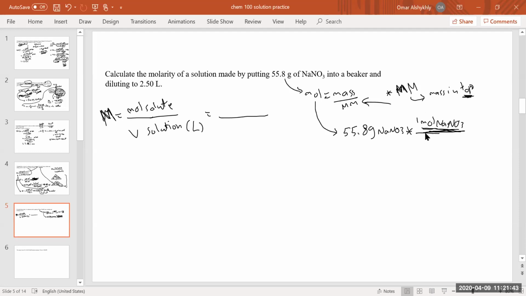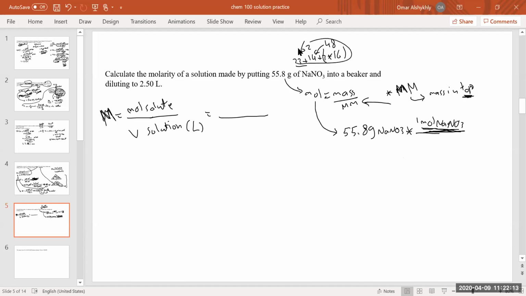Okay, what is the mass of NaNO3? Sodium 23 plus nitrogen 14 plus 3 times 16 for oxygen, 48, plus the 14 will give us 62, plus 23 will be 85.